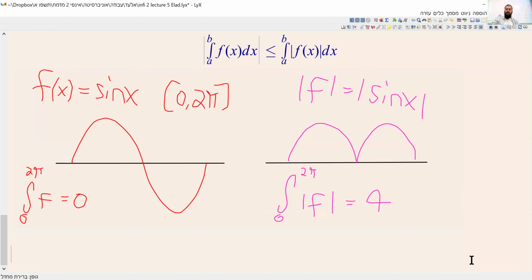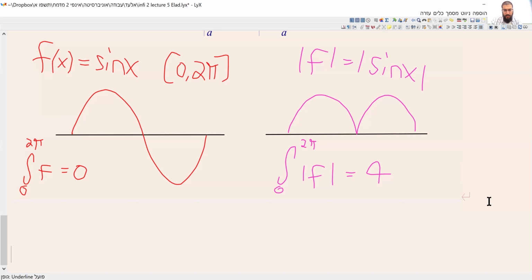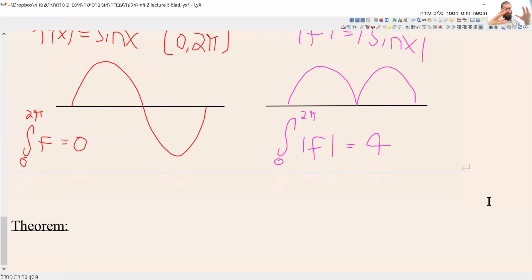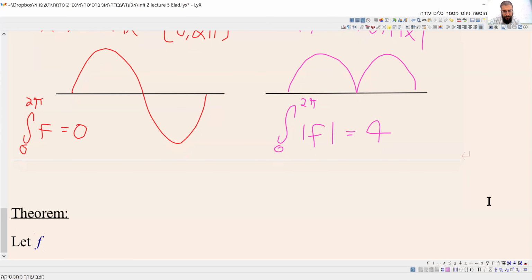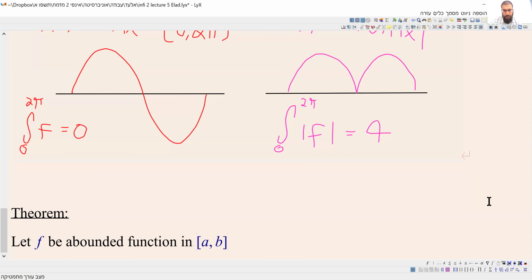So the second part, as I mentioned, is one nice big theorem. I mean, it's three or four, two theorems that I combined into one. Let f be a bounded function on [a,b].